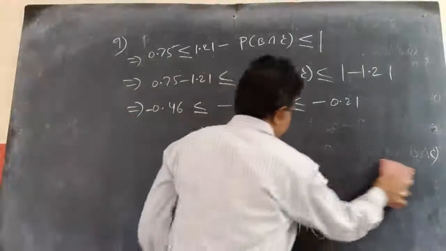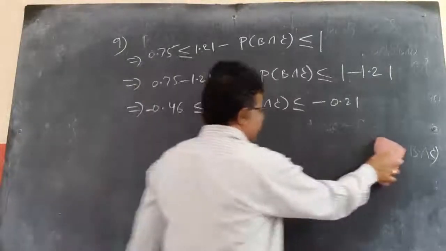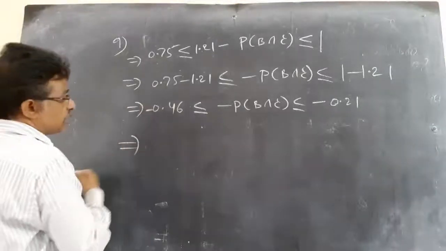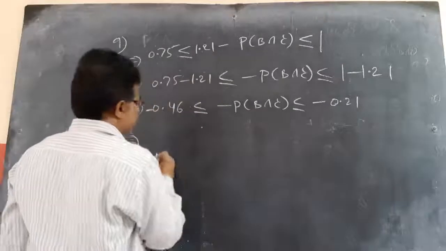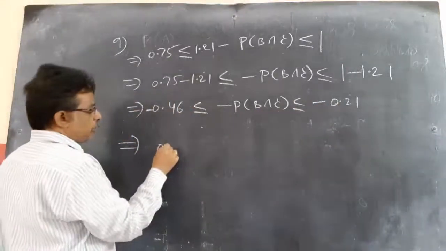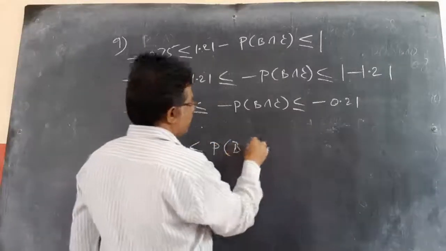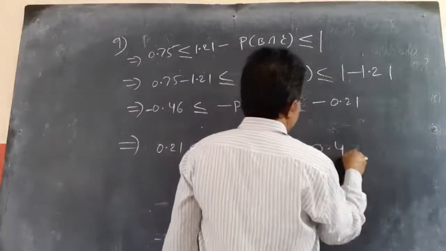Now if I multiply by minus, the inequality will change. Means this becomes that, and that becomes this. So 0.21 less than or equal to P of B intersection C less than or equal to 0.46.